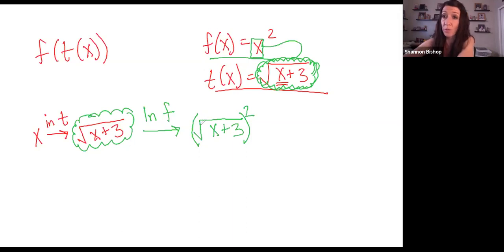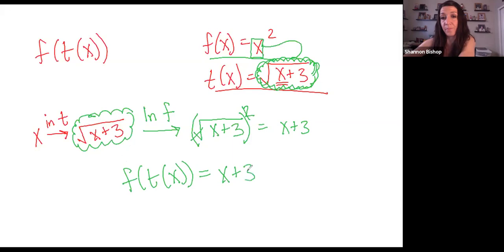Squares and square roots, those are inverse operations. They undo each other, they are inverses. And so this simplifies to just be x plus 3. So what is f of t of x? It is x plus 3. That's the final answer when you compose those two functions.